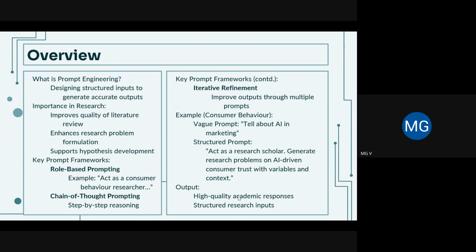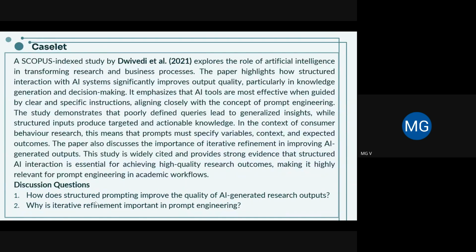We must treat prompt design as a research skill and not just a technical input. And I hope all of you are aware that the emerging domain of engineering these days is prompt engineering. You know, people are spending 4 years to learn about prompts. So that is the buzzword and that is the trend these days.